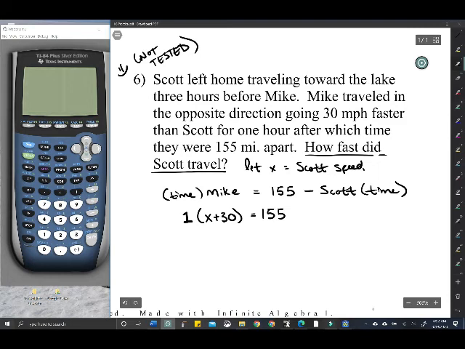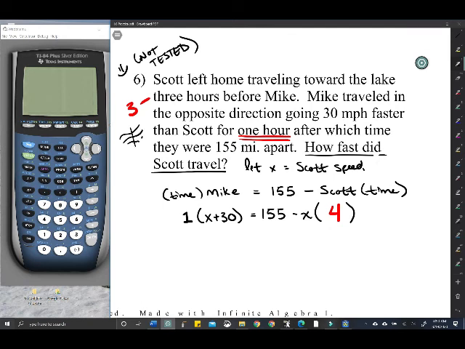And now we have Scott's speed, which we don't know. And the curveball here is, for how long has Scott been traveling? Well, he left before Mike 3 hours. So he went towards the lake 3 hours before. Now, this 155, however, is with the addition of 1 more hour. So Scott's been traveling his speed for 4 hours. Okay? And again, it's not tested, but just some little curveballs, some ways to make you think for this course.